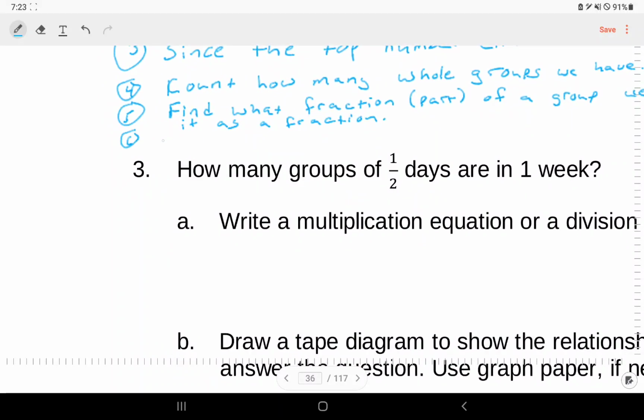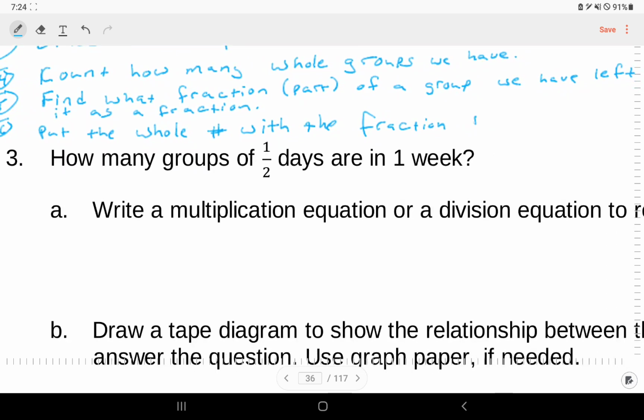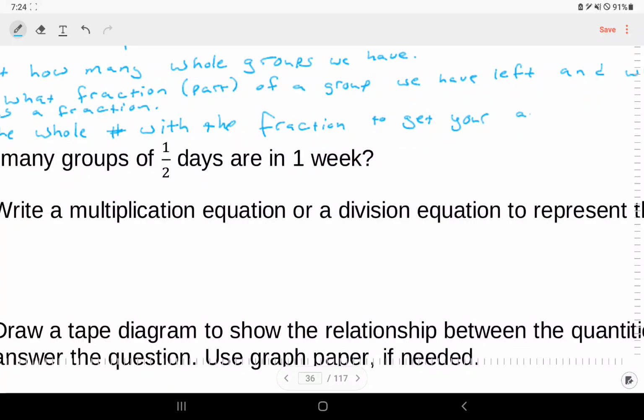Step 6: put the whole number with the fraction to get your answer.